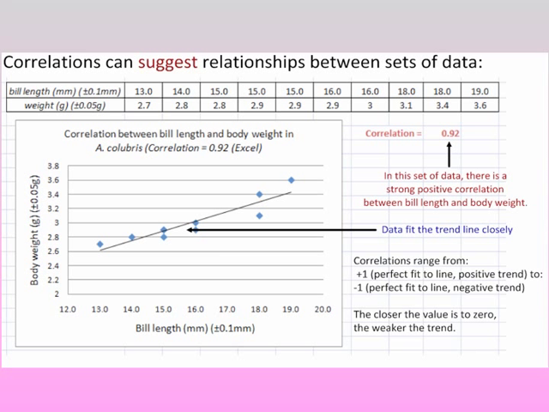And you can plot this data, and you can see that there is a correlation of this data, okay? In this set of data, there is a strong positive correlation between bill length and body weight. That means that when you look at this graph, you can say things like the bigger the bill length, the higher the body weight. Okay?